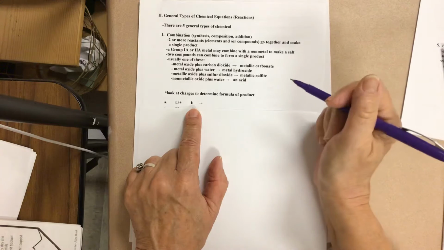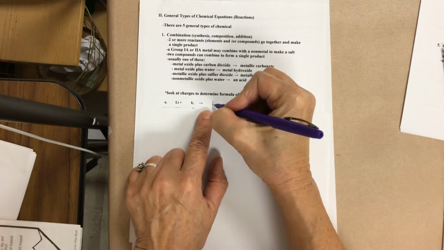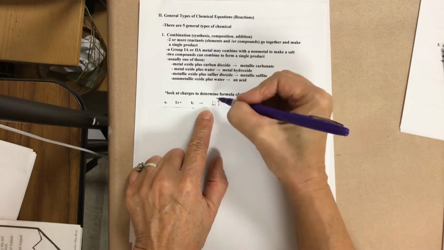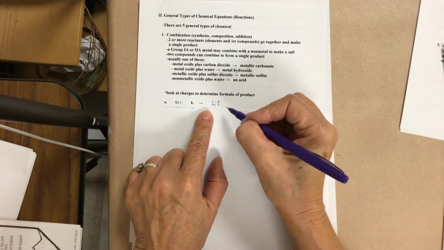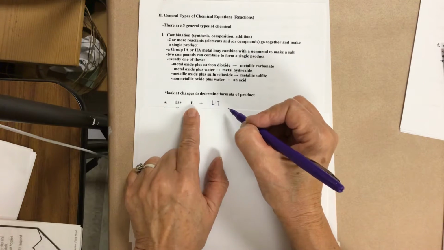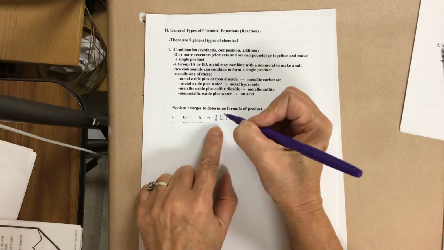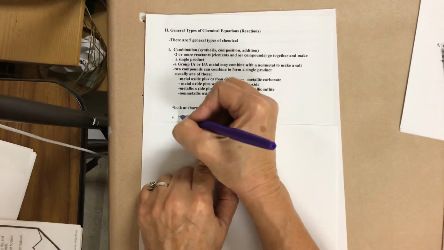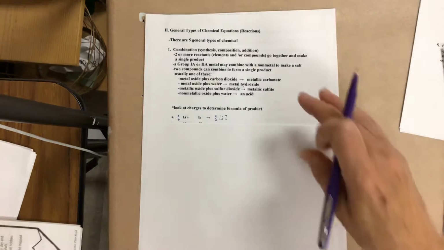So if you have Li and I2 combined, you will simply put them together, Li I, look at their charges, +1, -1, so we have written that correctly, and then you will balance. So you have 2 I's here, so we know that we're going to put a 2 here. And since we have 2 Li's, we're going to put a 2 here. So that one is pretty simple.